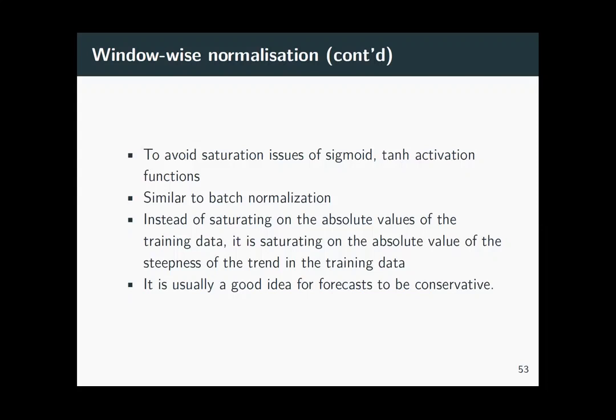You want to avoid saturation issues of sigmoid and tanh activations. It's quite similar to batch normalization. Now if you think about it, instead of saturating on the absolute value of the training data, as we've seen before, it's now saturating on the absolute value of the steepness of the trend of the training data, which is often not such a bad idea. You should probably not predict trends that are steeper than anything you've seen before. That's a recipe for a very bad forecast.